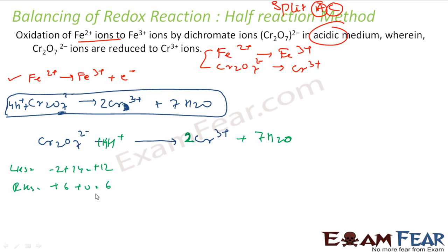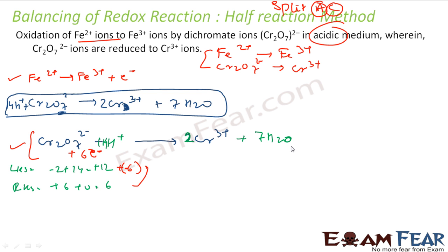How to balance? We can add some electrons, right? So how many electrons can we add? This is 12, this is 6. If we add 6 electrons here, minus 6 charge, both will become 6. So we can add 6 electrons here, right? So this is my reaction.